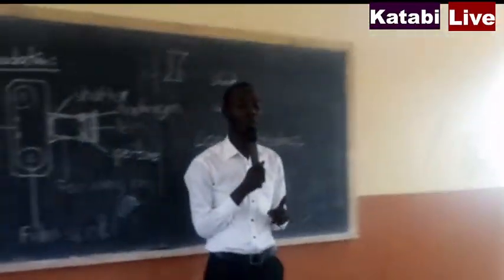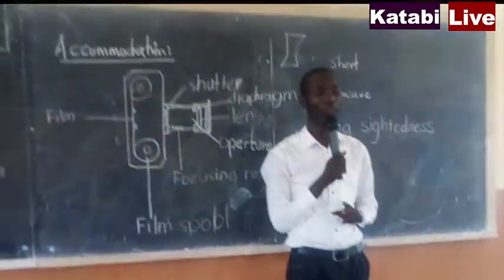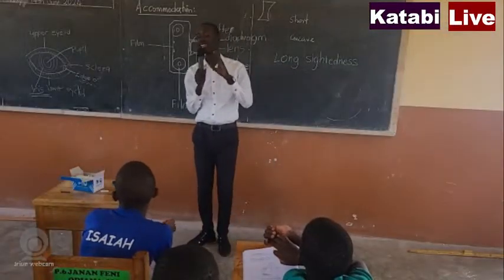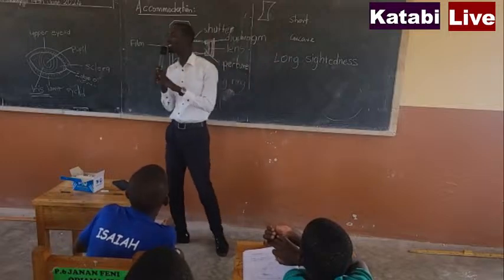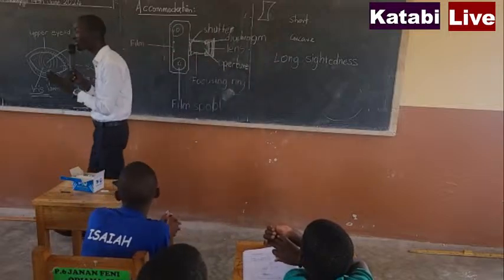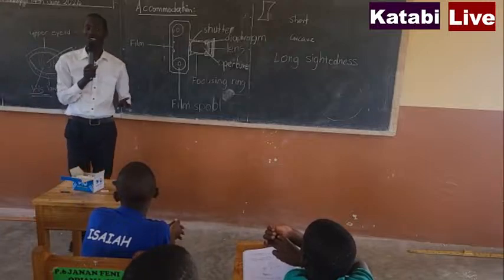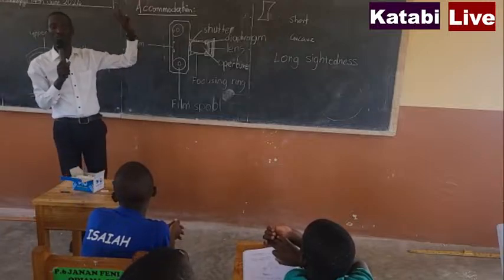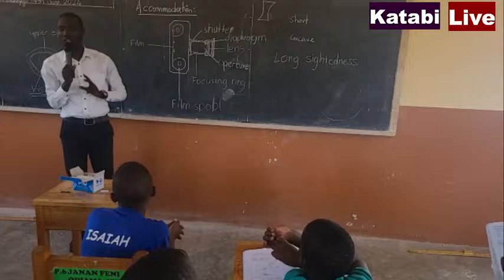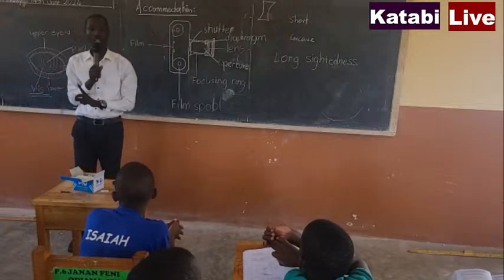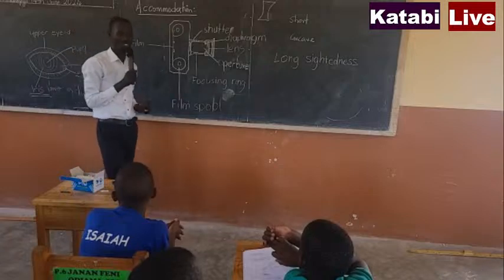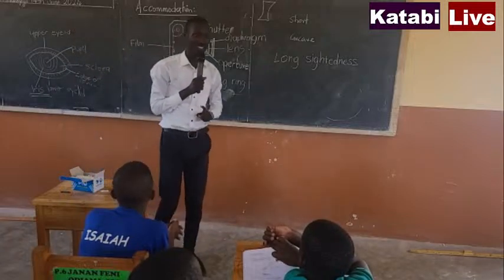Now, one thing I want you to know, when you are dealing with the eye, is that the eye has photoreceptors, right? The photoreceptors, I mean the light cells, which we call the rods and the cones. We have two major parts that play roles with these eye photoreceptors: we have the fovea and we have the cornea. So when you talk of the bulls, are they able to see? Yes.